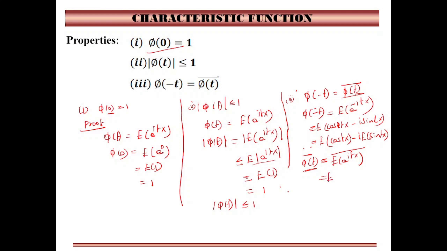Now this can be expanded by using Euler's formula. So that is the expected value of cos tX plus i sin tX, the whole bar, and this will be written as the expected value of cos tX plus i into the expected value of sin tX, the whole bar.